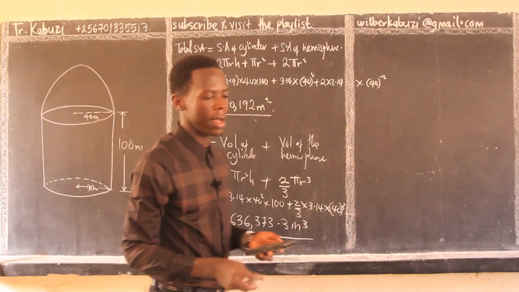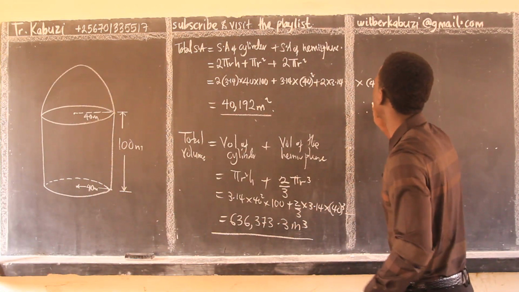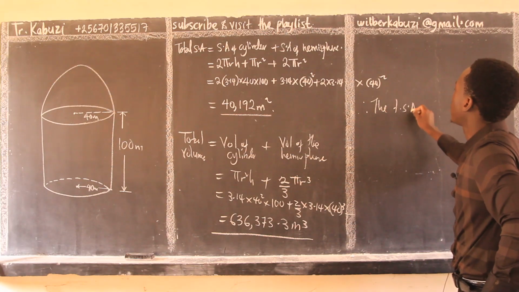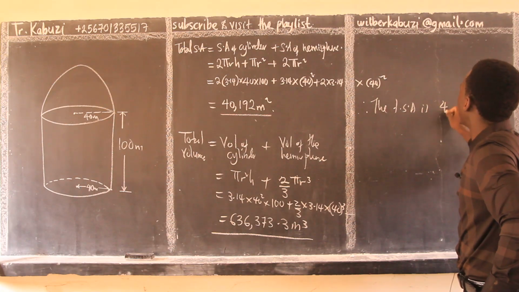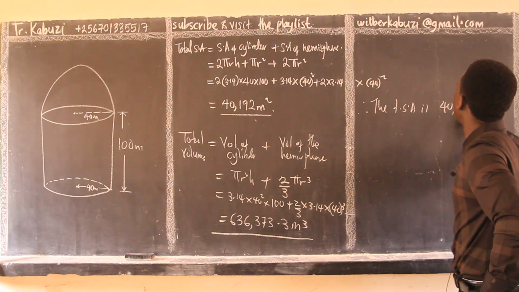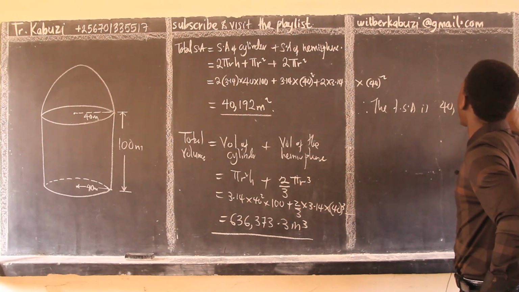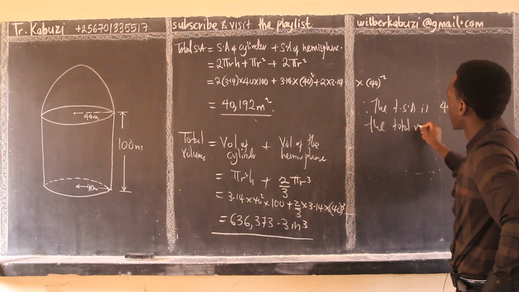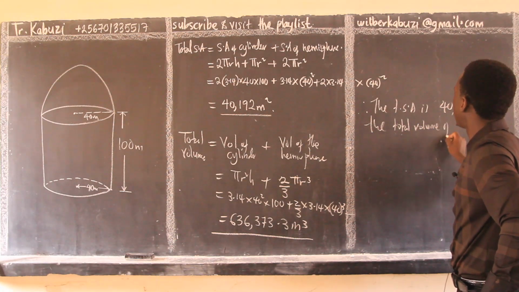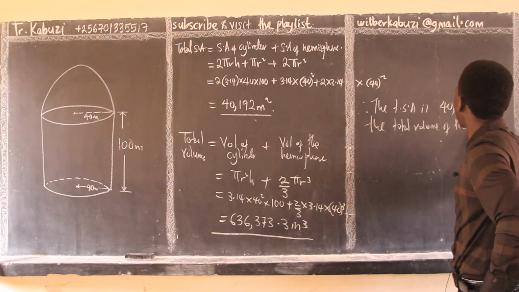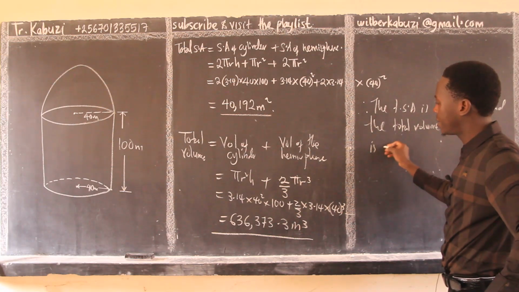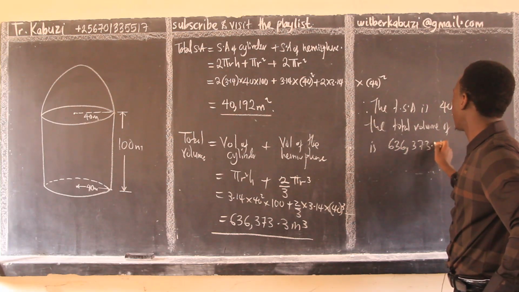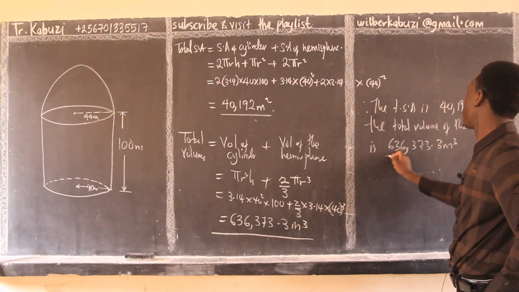Then you can come and respond. Therefore, the total surface area is 440,922 meters squared, and the total volume of the silo is 636,373.3 meters cubed.